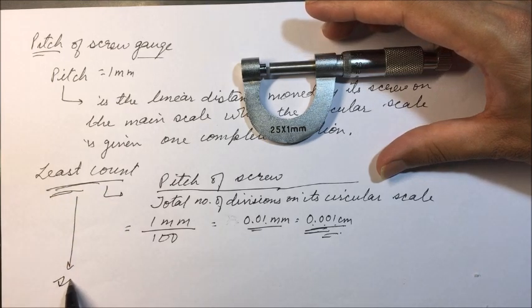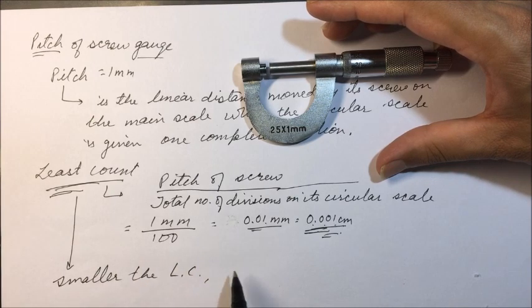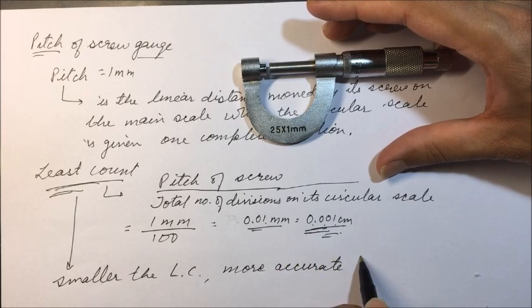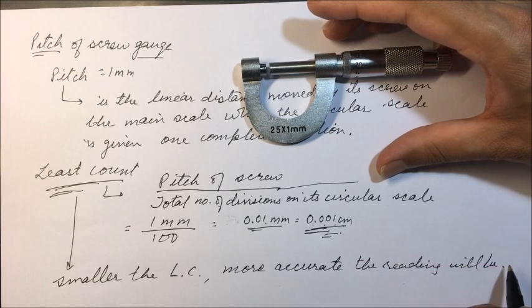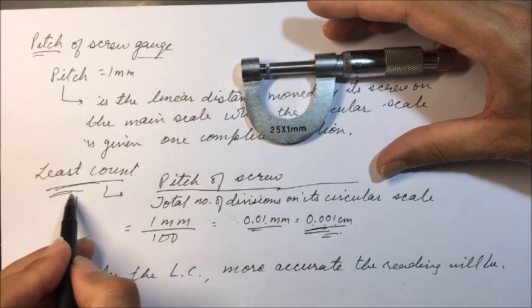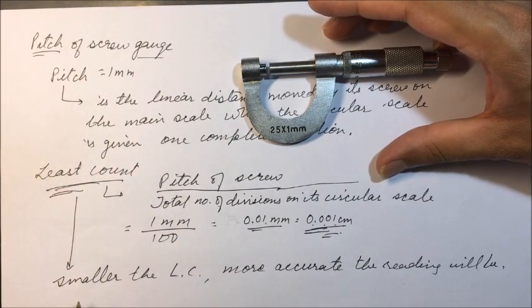Now let's see how to decrease the least count. The smaller the least count, the more accurate the reading will be. So if we have to increase the accuracy, we have to decrease the least count. So how to decrease the least count?